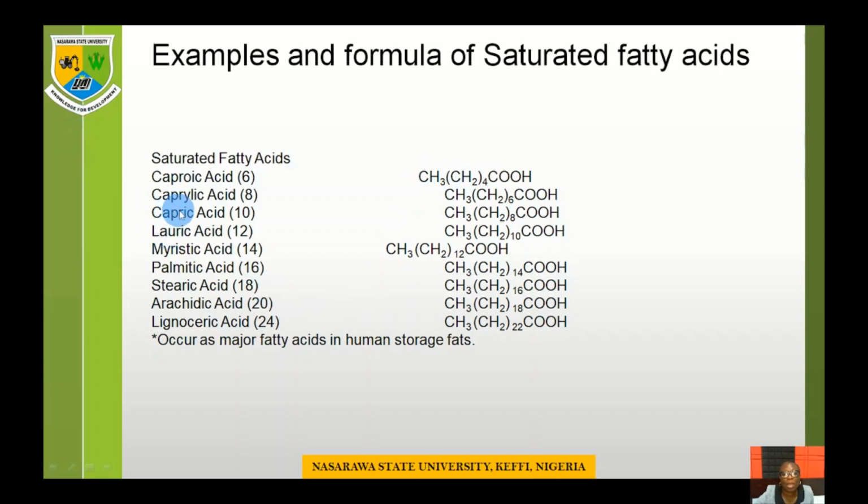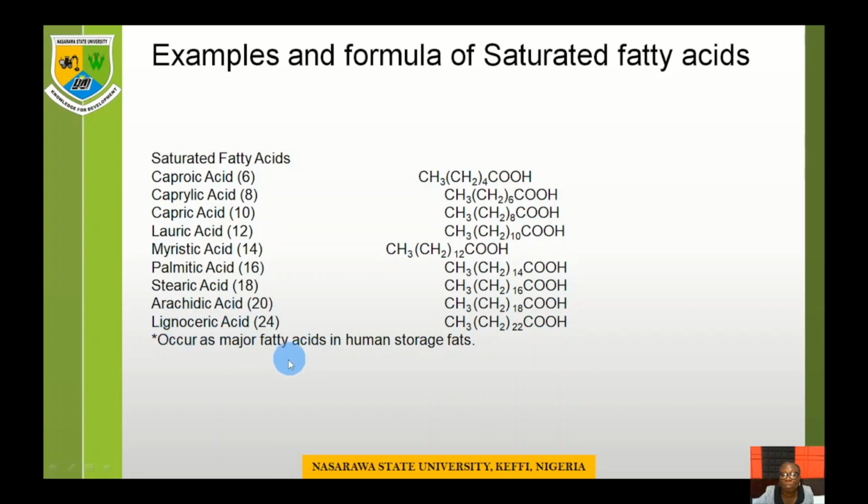The second one is caprylic acid. It has 8 carbon. If you have capric acid, 10 carbon, lauric acid 12, myristic acid 14, palmitic acid 16, then stearic acid 18, then arachidic acid 20, then lignoceric acid 24.